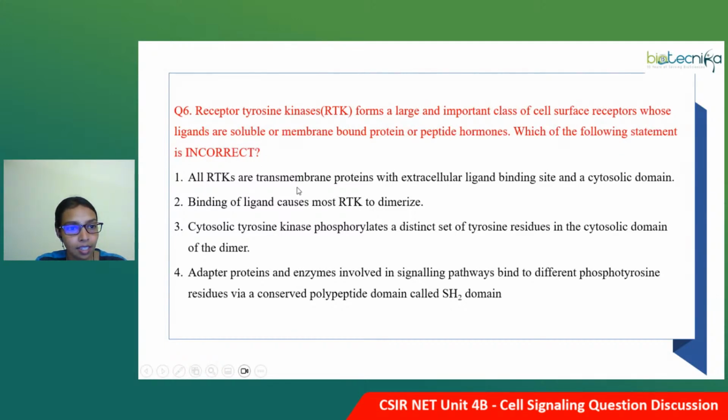All RTKs are transmembrane proteins with extracellular ligand binding site and a cytosolic tyrosine kinase domain. Binding of ligand causes most RTK to dimerize. Cytosolic tyrosine kinase phosphorylates a distinct set of tyrosine residues in the cytosolic domain. And adaptor proteins and enzymes involved in signaling pathway bind to different tyrosine residues via SH2 domain.